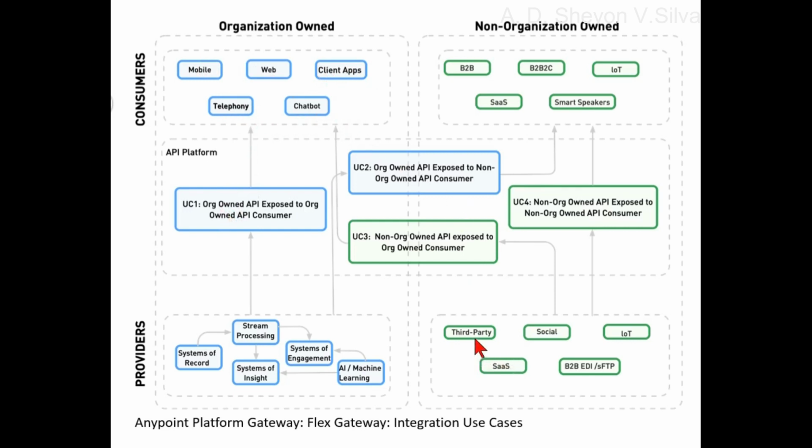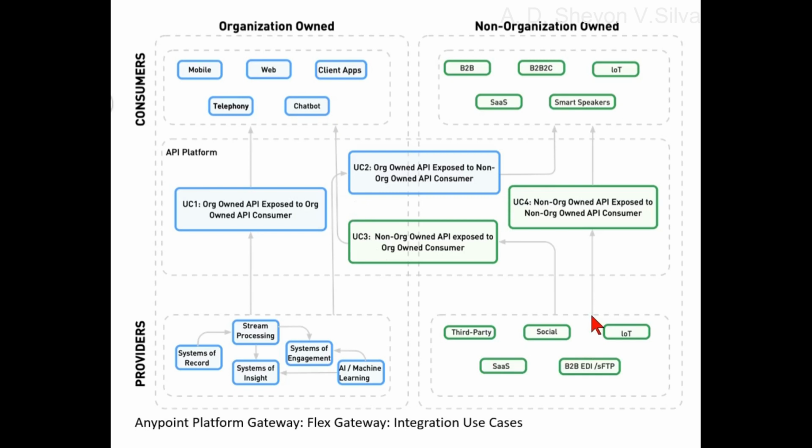Here you can see providers in non-organization owned: third party, social, IoT, SaaS, B2B EDI, or SFTP, and providers are connected to use case 3 here. The non-org owned API exposed to org owned consumer is connected to consumers in organization owned.